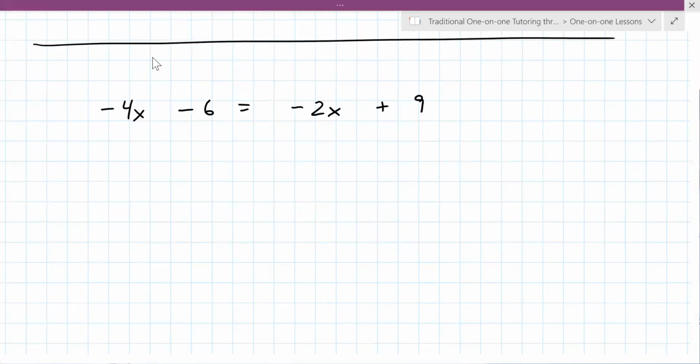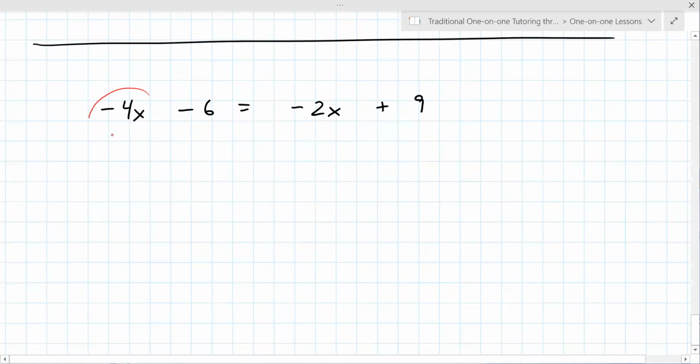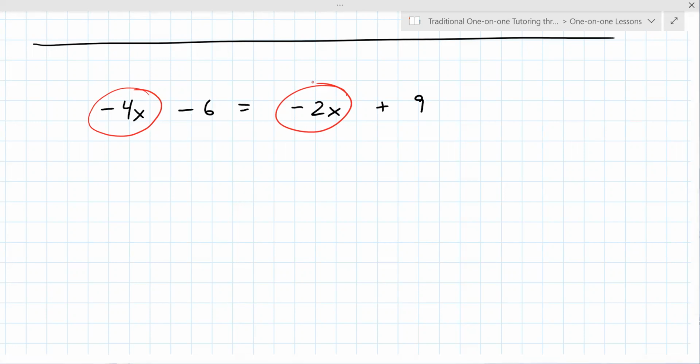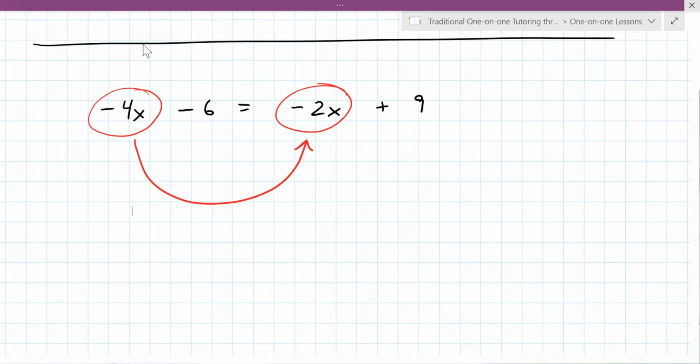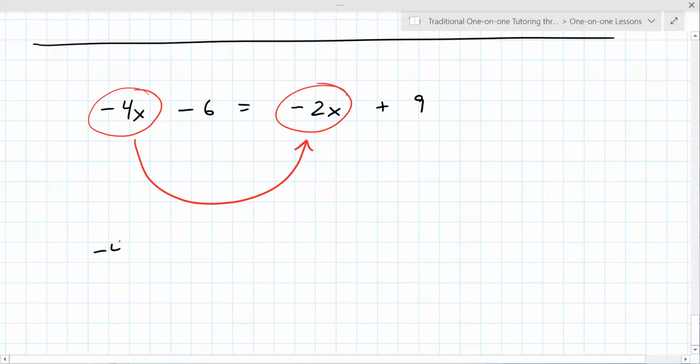You look at these and you'd say to yourself, which is smaller, -2x or -4x? -4x, yeah. So that means we got to move it this way. You don't want to be drawing this every time. You want to say, oh yeah, that one's smaller, let me move it to the other side.